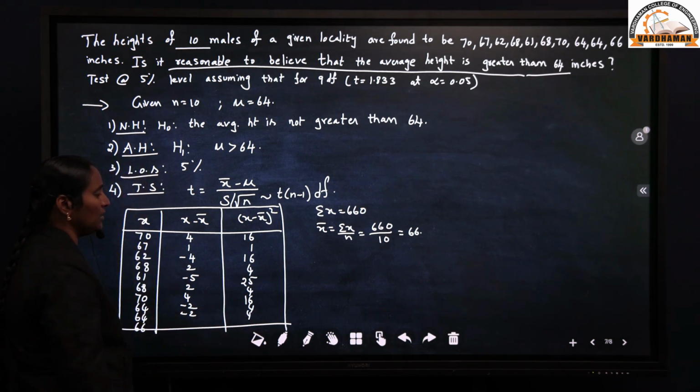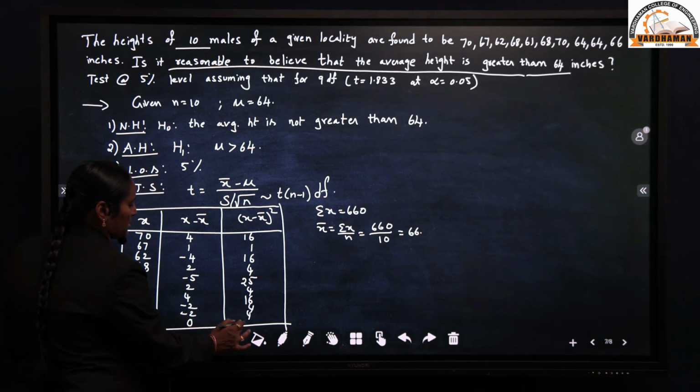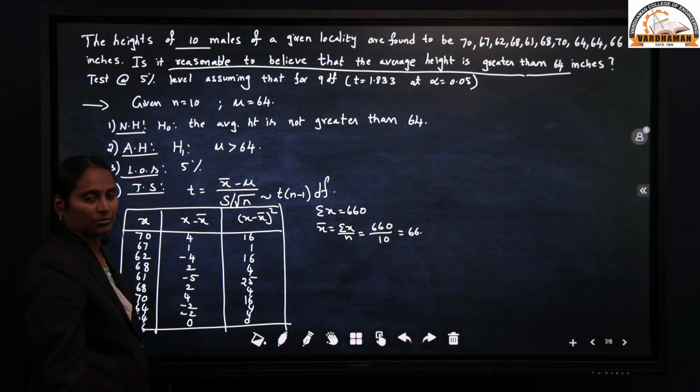And let us see the last one: 66 minus 66, x minus x bar is 0, and the square is 0.